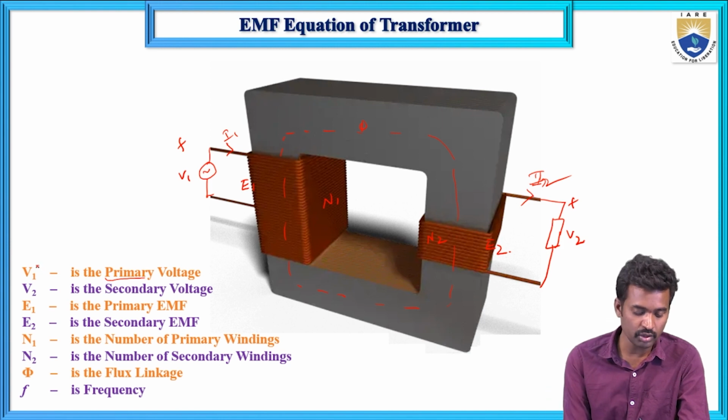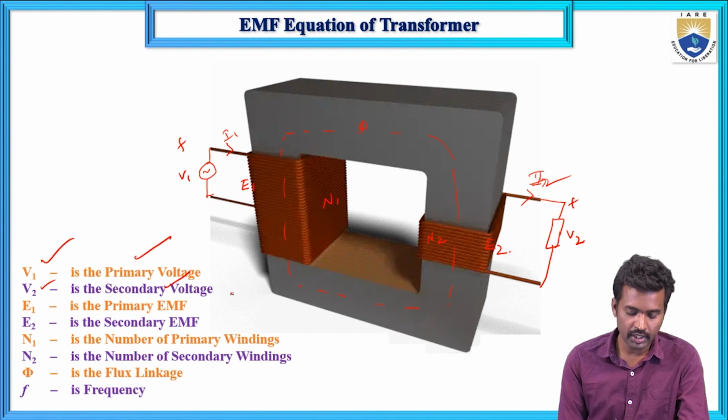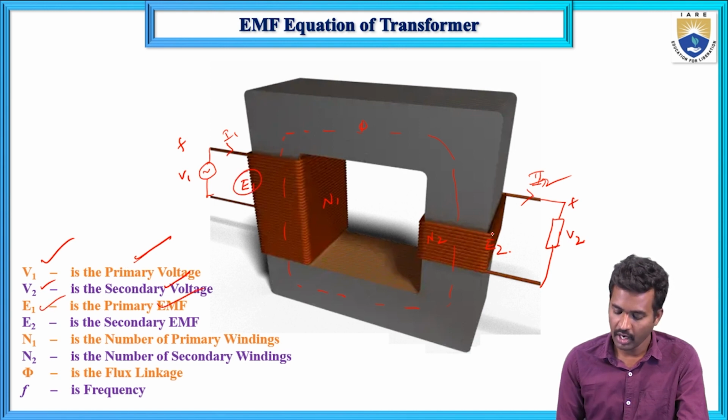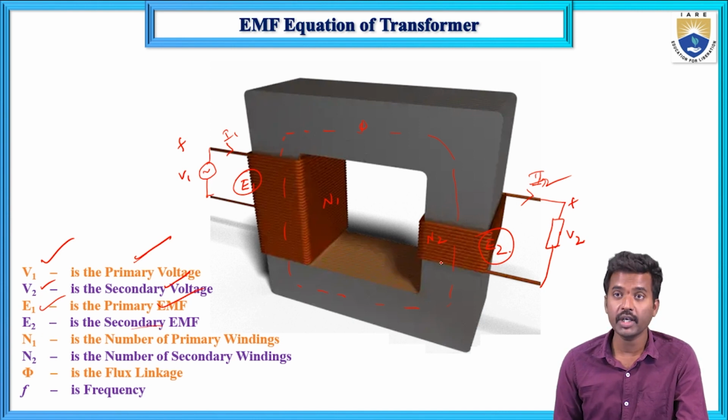These are the terms. V1 is the primary voltage, that is the supply voltage, and V2 is the secondary voltage, that is the load voltage. E1 is the primary winding induced EMF, and E2 is the secondary winding induced EMF. N1 and N2 are the primary turns and secondary turns. Here N1 has more turns compared to the secondary winding turns, so it is a step down transformer.